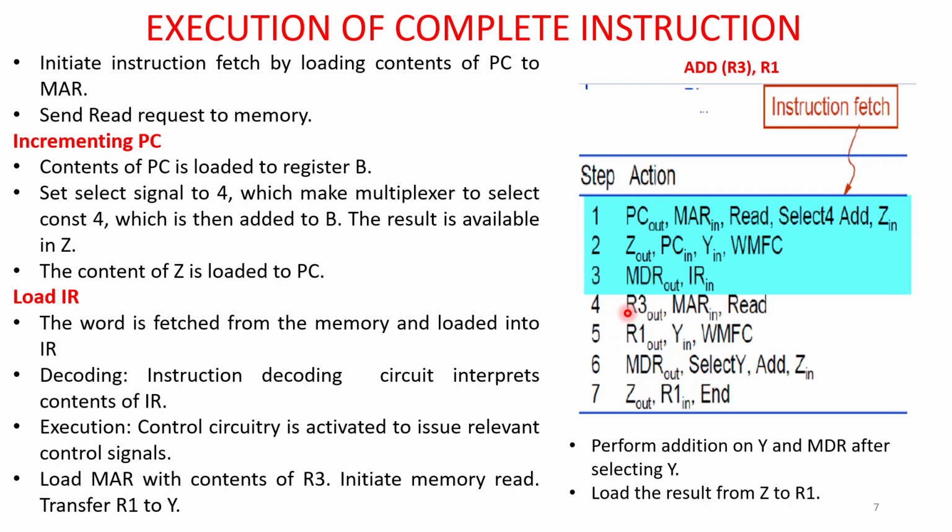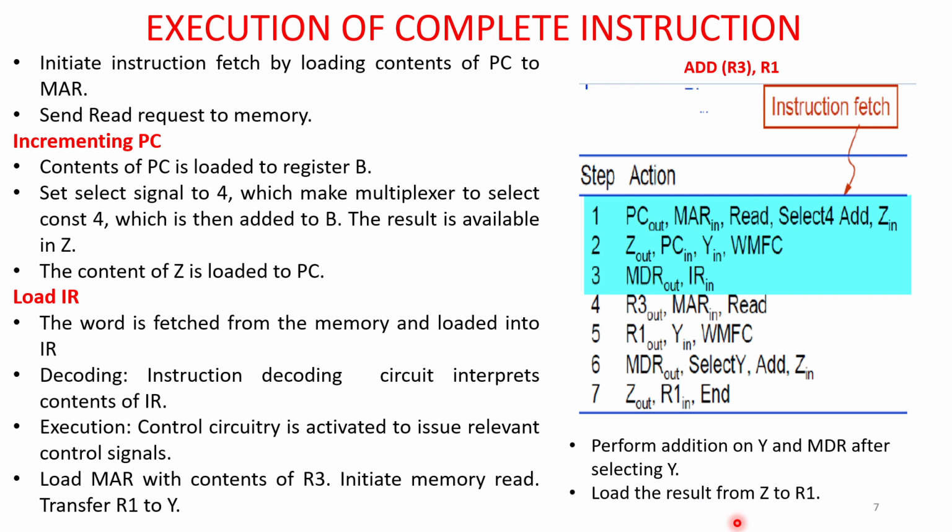Here we are performing the operation move R3 indirect, R1. We wait for the memory function completed, get the value of MDR, select Y, add, and move the value into R1.